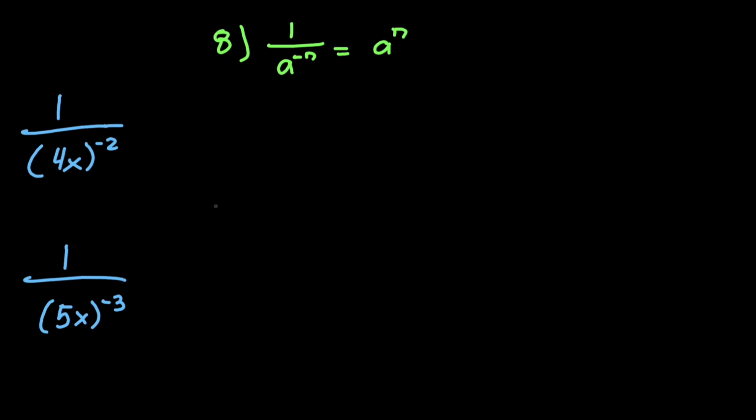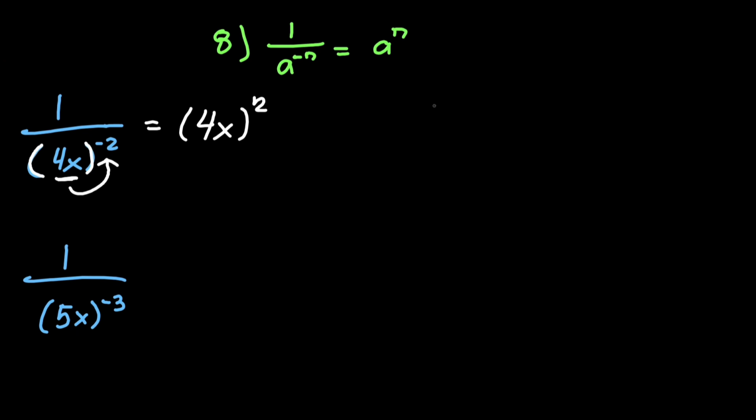1 over 4x all raised to the power of negative 2. This would become 4x raised to the power of 2. The reason why it is 4x is because of this parenthesis here. This means this was raised all to the power of negative 2.